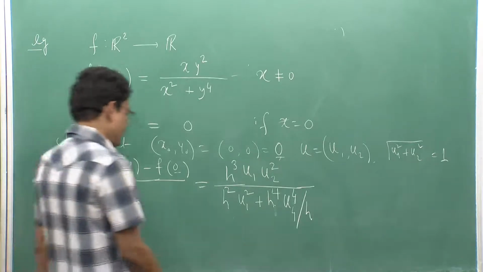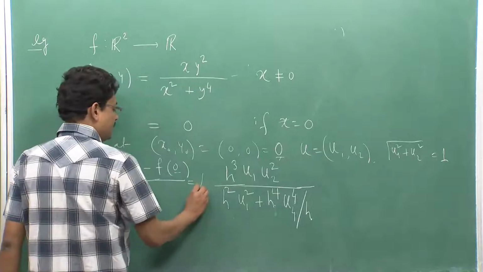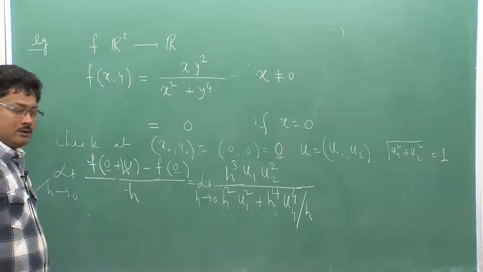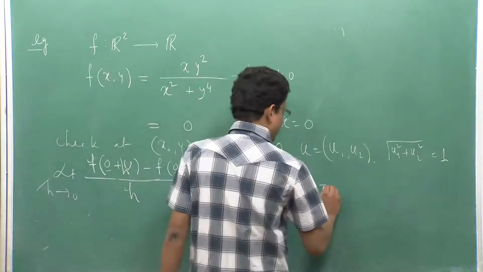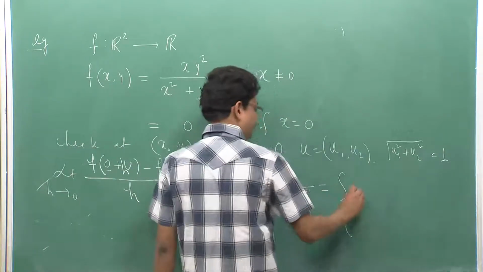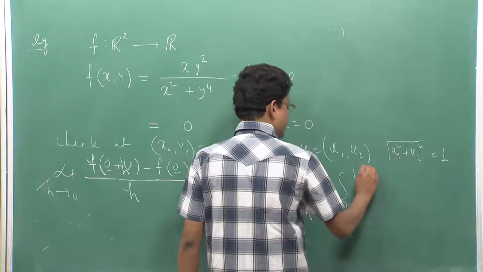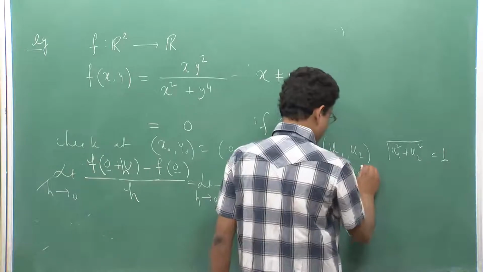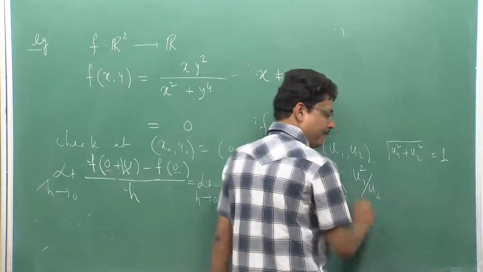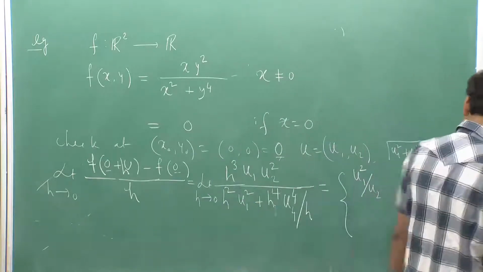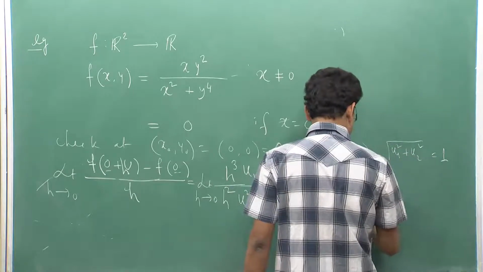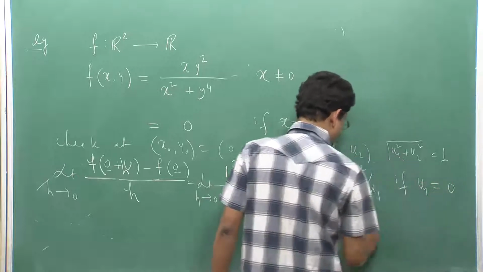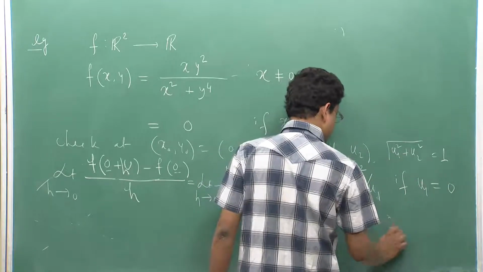And now I have a limit h going to 0. If I put limit h going to 0, you can calculate this will turn out to be u2 square by u1 if u1 not equal to 0 and 0 otherwise.